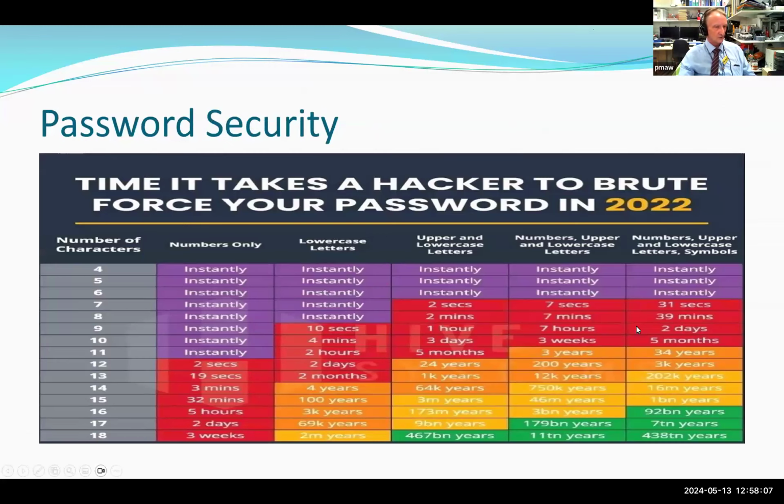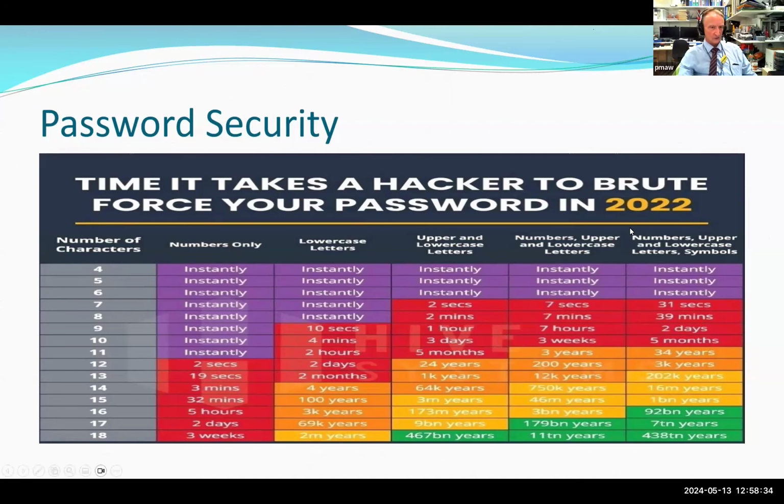So this is just a slide from 2022, and it highlights the need for complex passwords. Down here, you've got number of characters, and numbers only, up to about 11 characters, is no challenge, and even greater than that, the maximum you can get from 18 characters is a couple of weeks on a brute force attack.